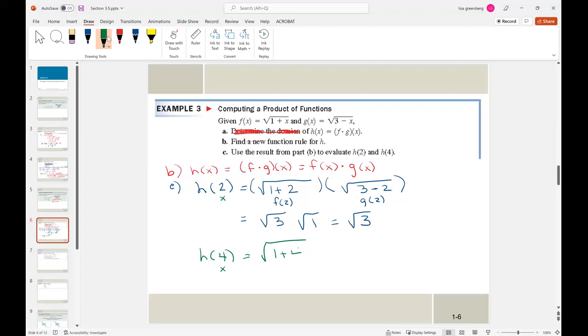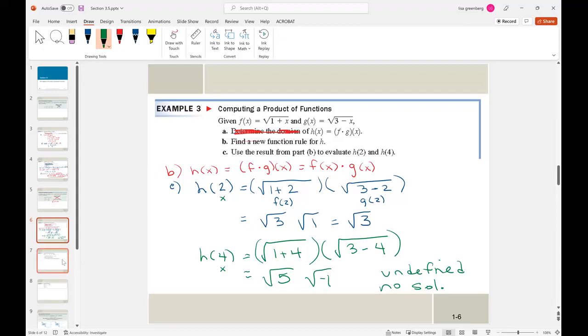So we have the square root of 1 plus 4 times the square root of 3 minus 4, which is equal to the square root of 5 times the square root of -1. As far as we're concerned, because we're only working with real numbers, this is again undefined, or we can say no solution. Okay, so I think that part's pretty simple.